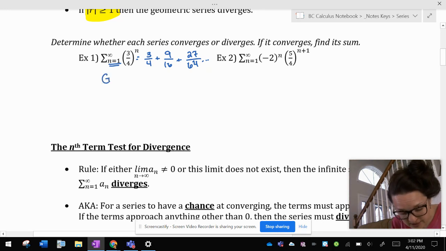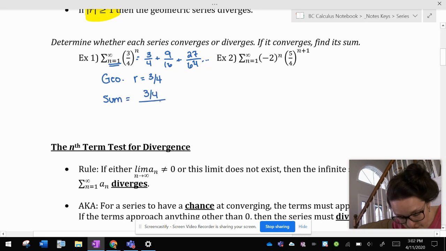Yes, this is geometric. r is equal to 3/4. 3/4 is between 1 and -1. Therefore, the sum of this series is a over 1 minus r. And if I multiply the top and the bottom by 4, I get 3 over 4 minus 3, which is 3 over 1. So this series converges, and the sum is 3.